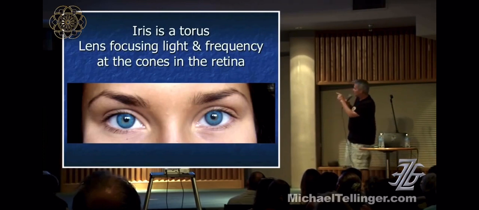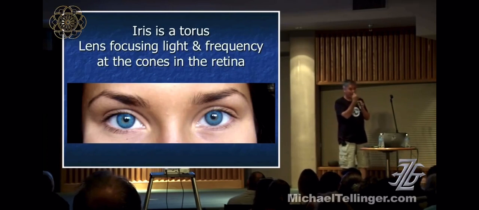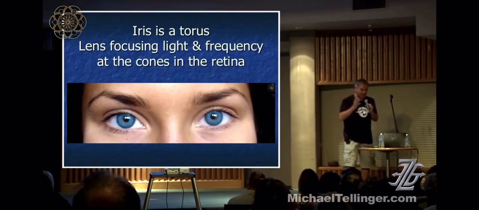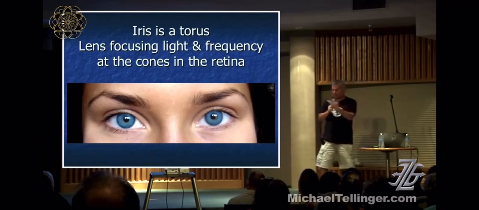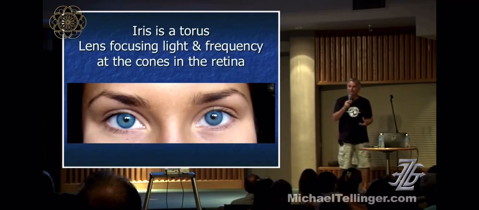Look at the toruses in our eyes. And the toruses have lenses in them that focus the light, which is also sound, because every light frequency has a sound frequency attached to it. So it sends the sound and the light through the lens, through the center of the torus, into the cones in the retina. So now you understand why I get excited about these toruses or the cones combined as tools that could be used to do things that we can't even imagine yet.